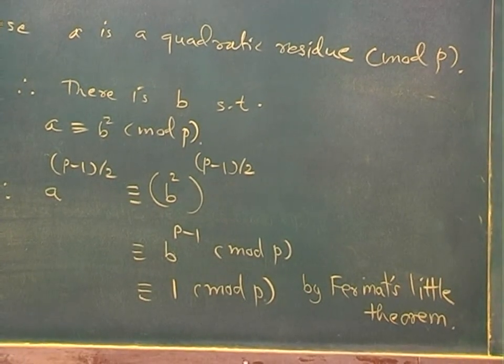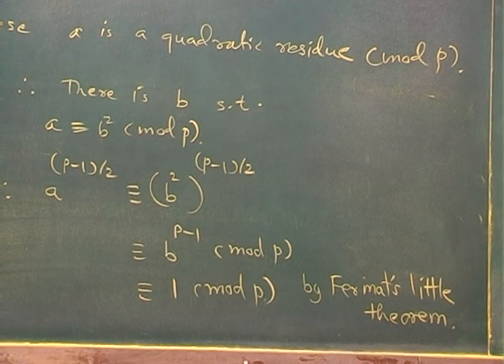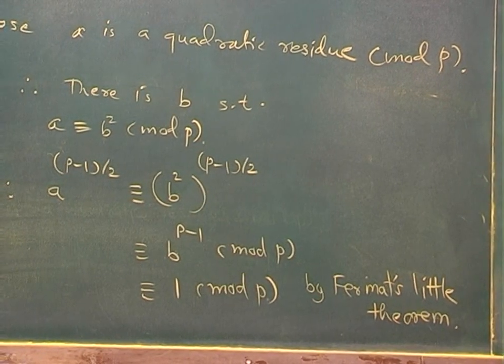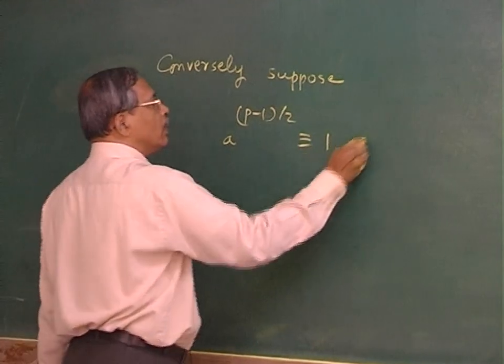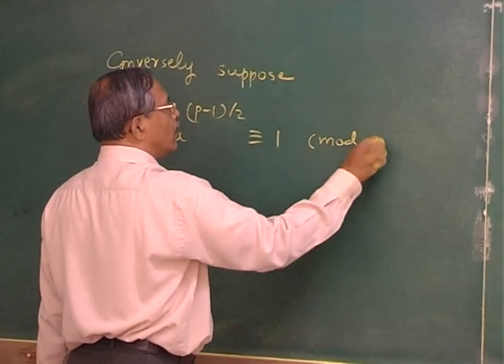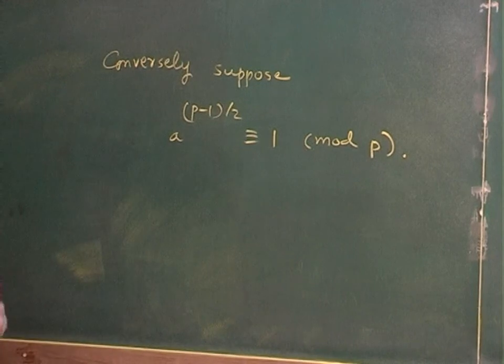So conversely, suppose A raised to (P minus 1)/2 is congruent to 1 mod P.